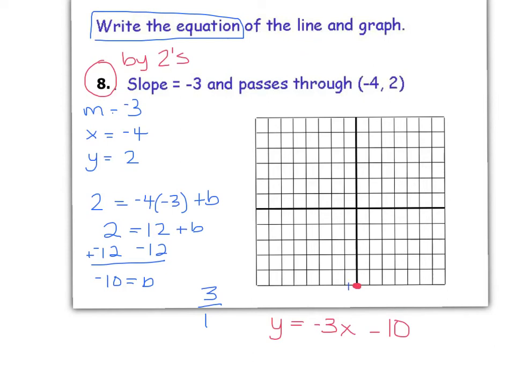So that means I need to go half of that little spot. So I'm going to go over 1 and up 2, so it should be in that center, over 1 and up 2. So now I have my 3 dots and I can graph that line.